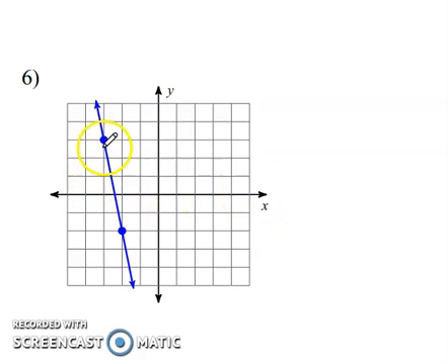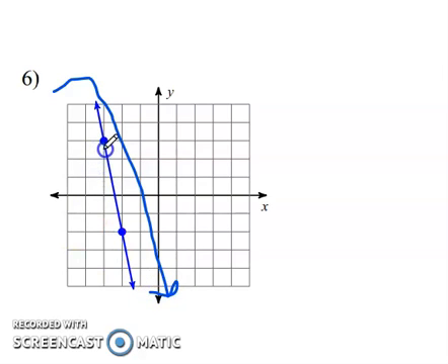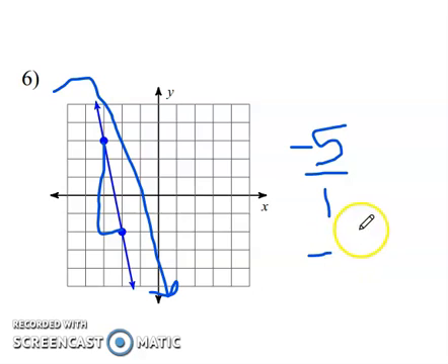Here we go. We have a very steep slope, and it is negative. Now I'm going to draw. Okay. And I'm going to count 1, 2, 3, 4, 5, and 1 across. So my slope is negative 5 over 1, or negative 5.